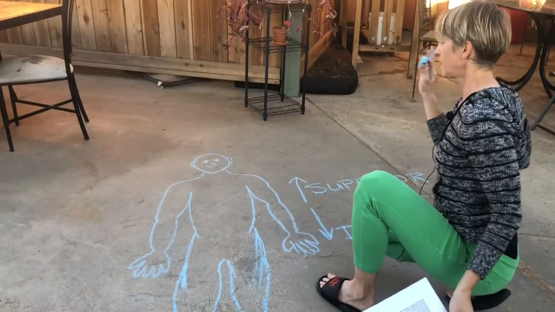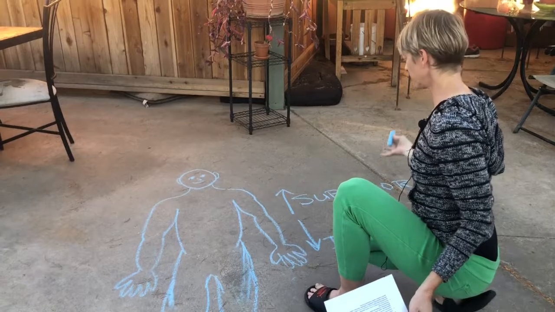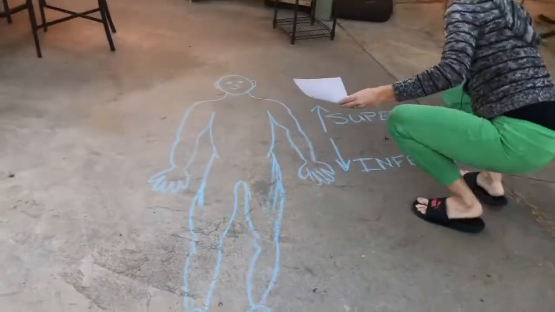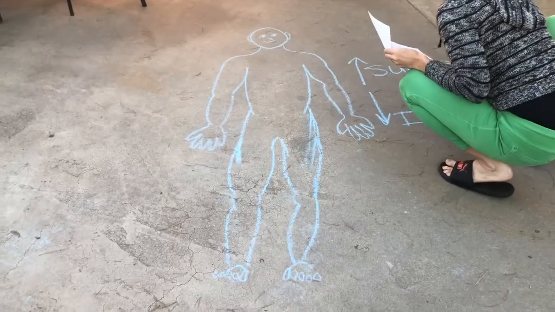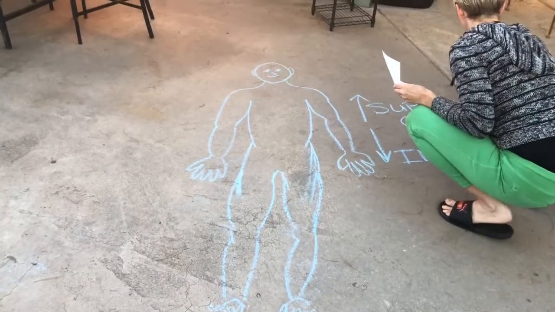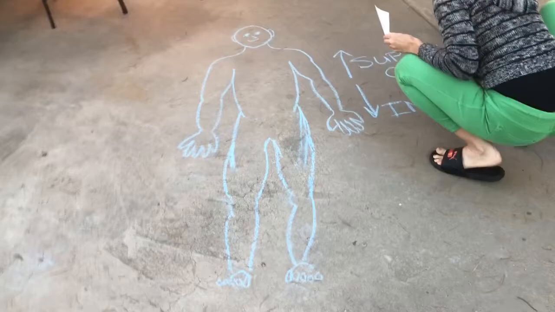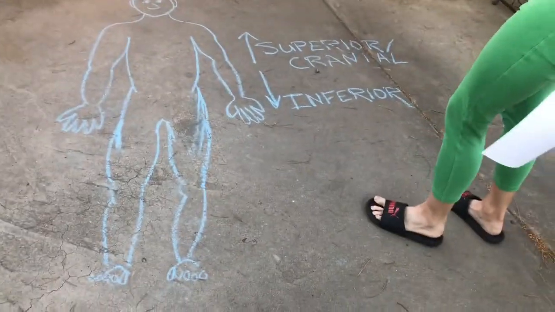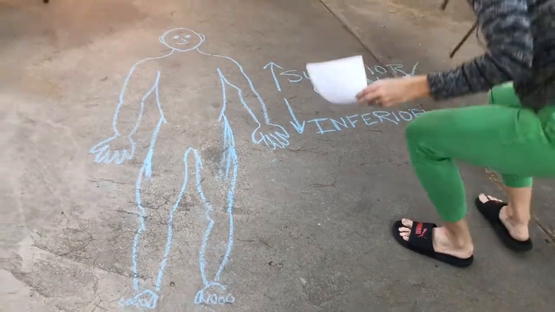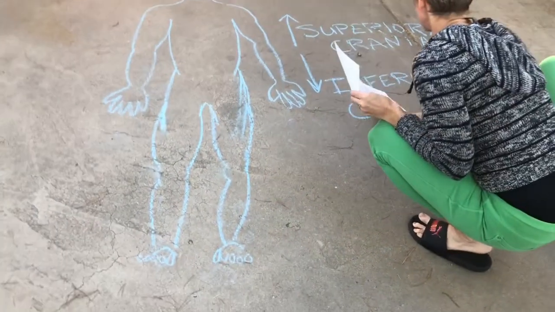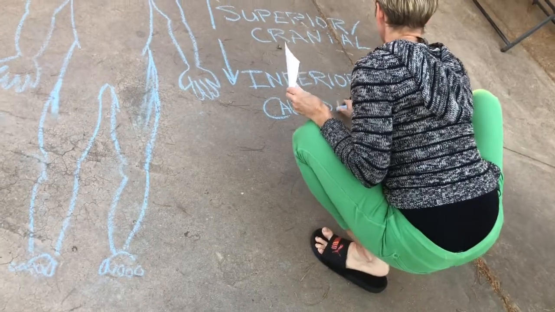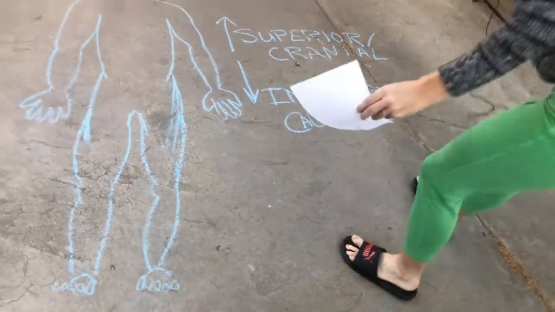But there's another set of terms that goes right with superior and inferior, and that's cranial and caudal. Cranial refers to toward the head, the cranium, and caudal refers to toward the tail.